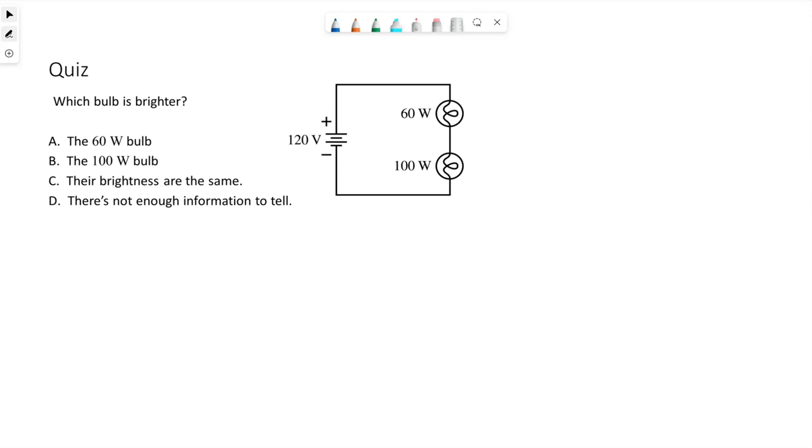Okay, the correct answer here is A, which is confusing at first. When we have a 60-watt light bulb and a 100-watt light bulb, that is based off of assuming they are going to be connected individually to a power source.